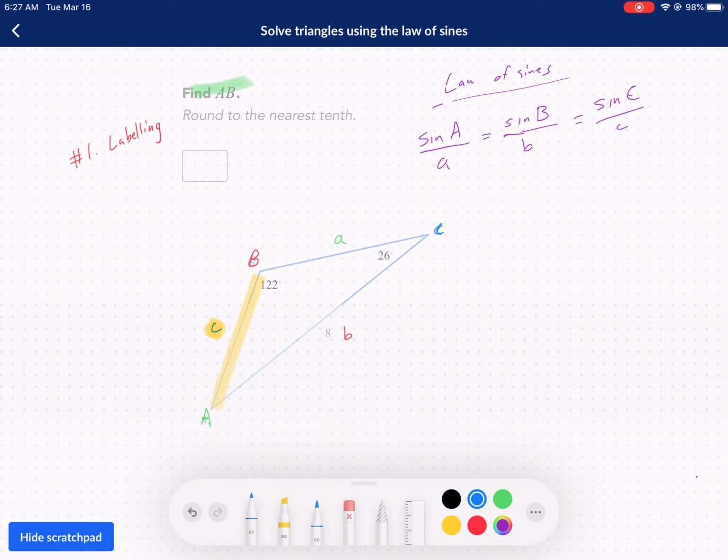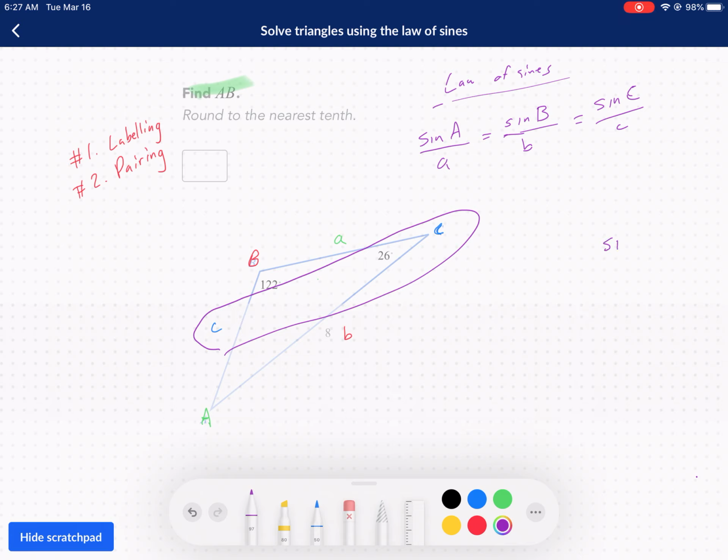Now, step two is we're looking for pairs. So we're pairing up what we know. What do I mean by that? Like I said earlier, we want to set up a proportion between two of these. So if we want to find c, then we better circle C. We're going to circle the angle C along with its opposite side, little c, because that's what we're looking for.